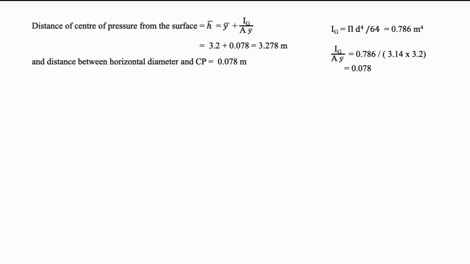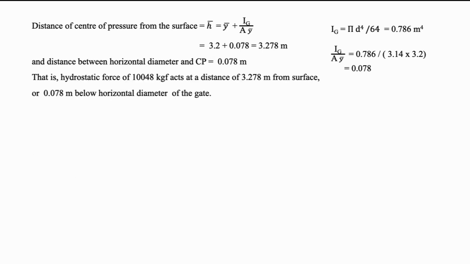Now, the distance between the center of gravity and the center of pressure is 0.078 meters. That is, the hydrostatic force of 10,048 kilogram force acts at a distance of 3.278 meters from free surface or 0.078 meters below the horizontal diameter of the gate.